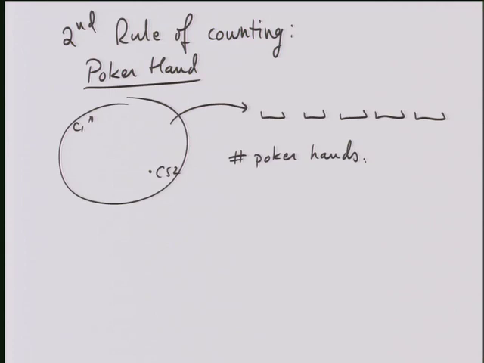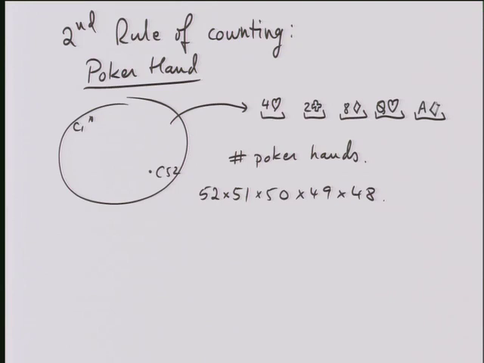So we can count it. There are 52 choices for the first card, 51 for the second card, 50 for the third, 49 for the fourth, 48 for the fifth. What else is there to do? Well, imagine that you had the 4 of hearts, 2 of clubs, 8 of diamonds, queen of hearts and ace of diamonds.